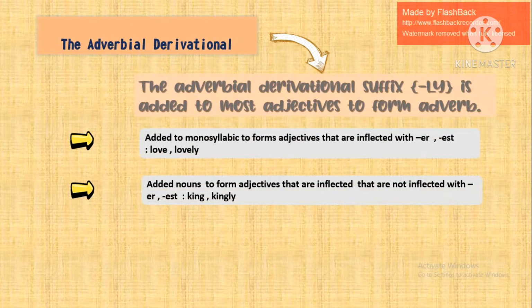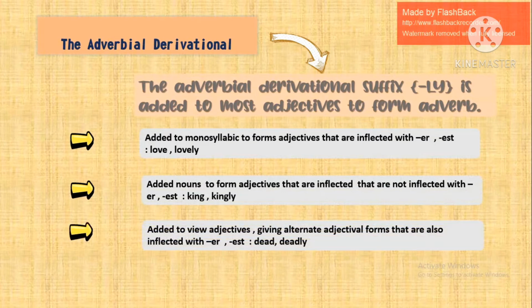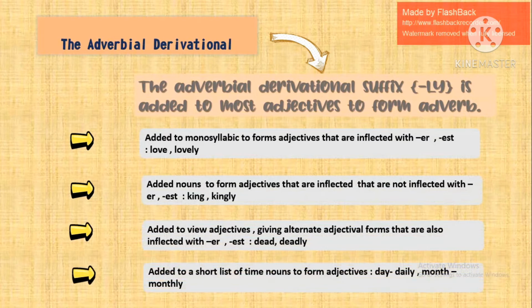The second is added to nouns to form adjectives that are not inflected with -er, -est, like king and kingly. The third is added to a few adjectives, giving alternate adjectival forms that are also inflected with -er, -est. And the last is added to a short list of time nouns to form adjectives like day, daily, month, monthly.